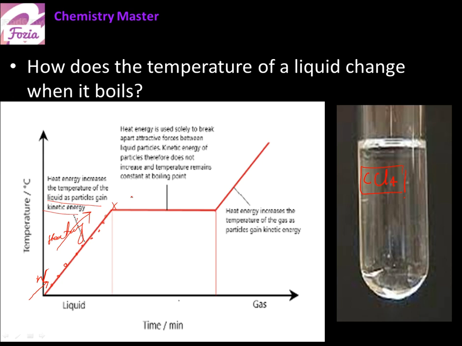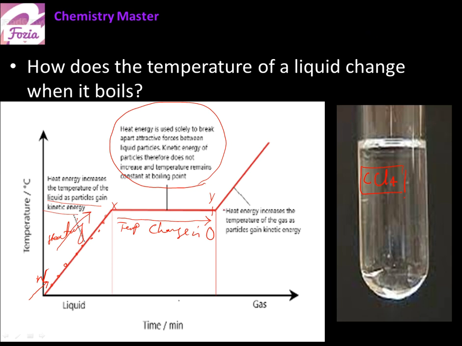Now between X and, suppose, point Y, the heating is on, but the temperature becomes constant. Temperature change is 0. At this stage, the liquid particles are absorbing enough energy to overcome the binding forces, and this is the phase where the state of matter is changing from liquid to gas.